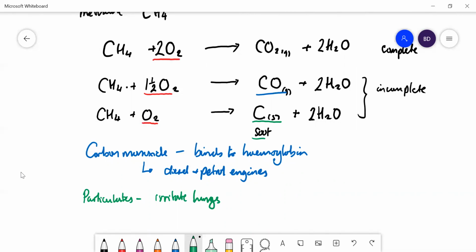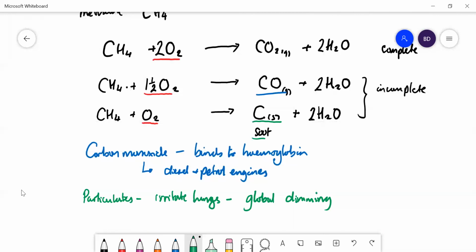You can't see these particulates in the air, but in cities they build up and they're produced in quite large amounts by car engines, particularly diesel engines. They also cause a phenomenon called global dimming, which means some of the sunlight is absorbed by these particles.